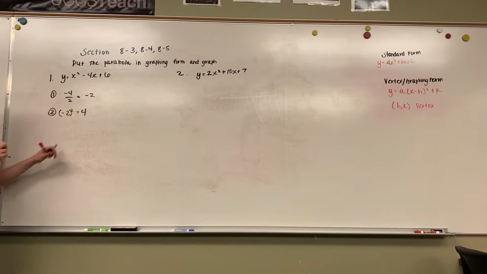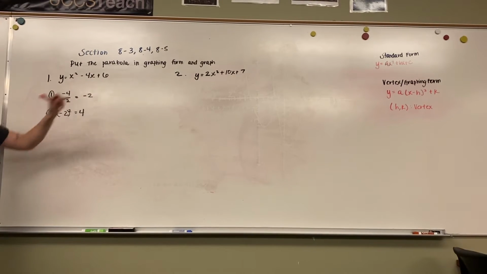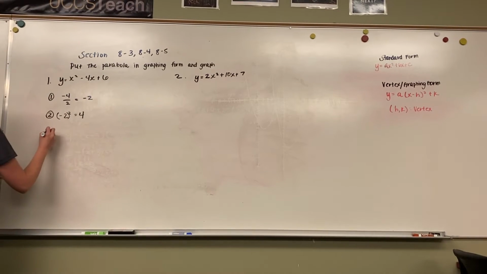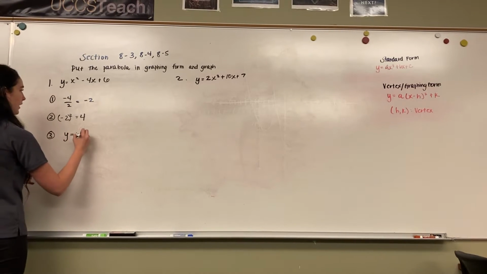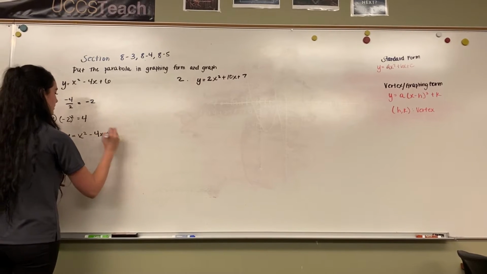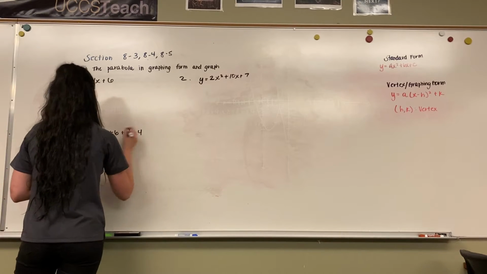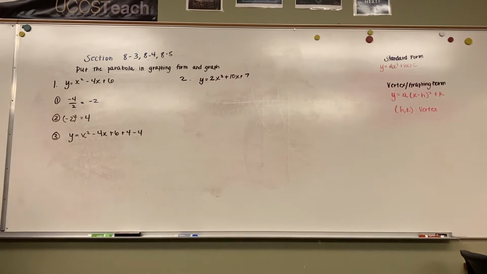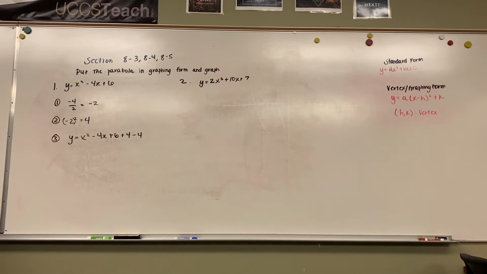So remember, we're going to add and subtract 4 from the right-hand side. So if we add and subtract 4, we get y equals x squared minus 4x plus 6 plus 4 minus 4.